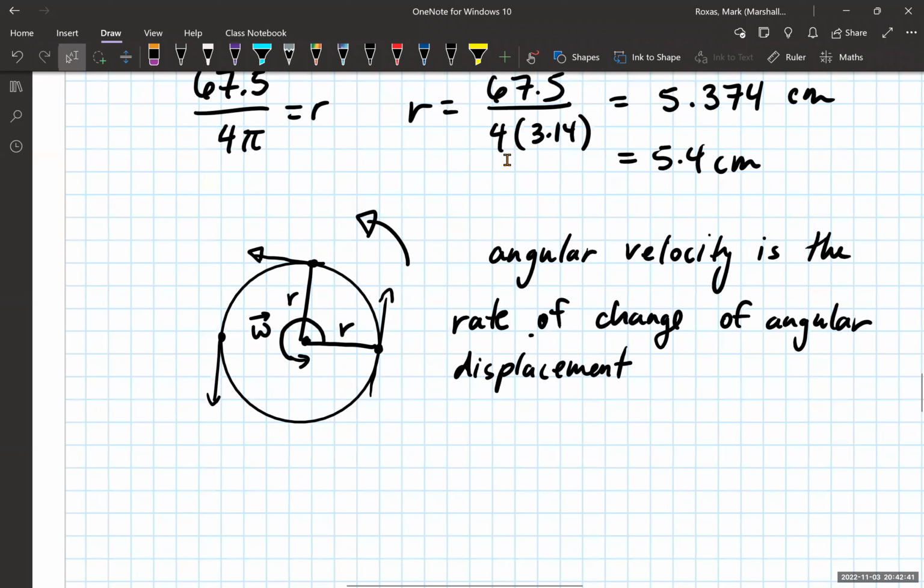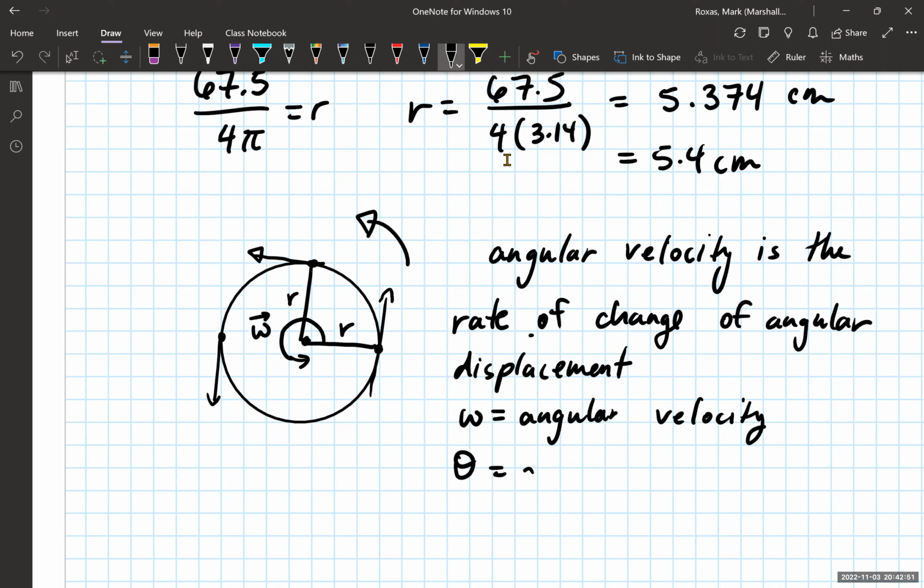Omega is angular velocity, theta is our angle measurement, or displacement, and t is time.